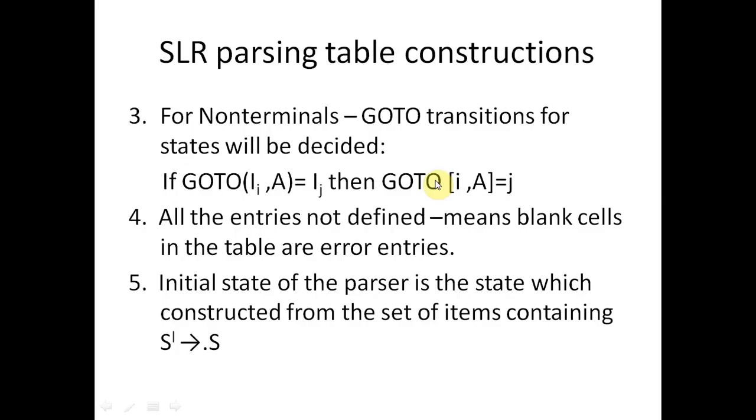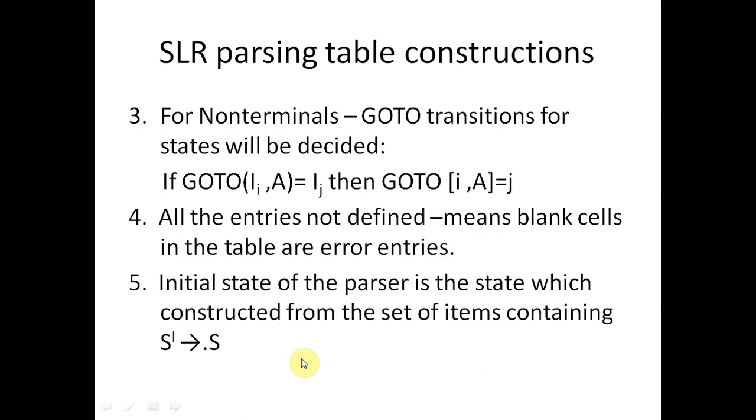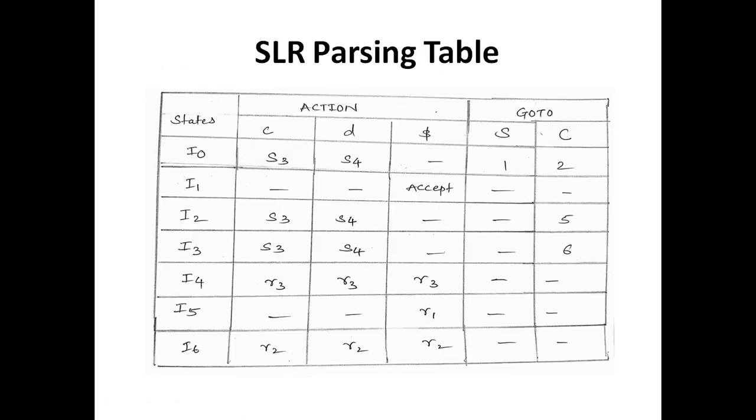Okay, now this is about the action part. So no conflicts occurred. If any conflict occurs, then the grammar is not suitable for SLR. What do you mean by conflict? This is a single, individual cell. Any individual cell should not have two actions, more than one action. Here a shift action is there, here a reduce action is there.